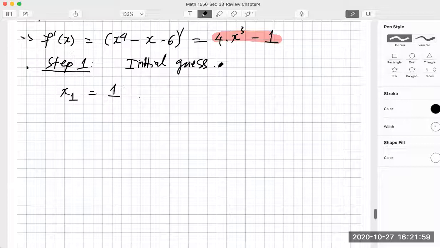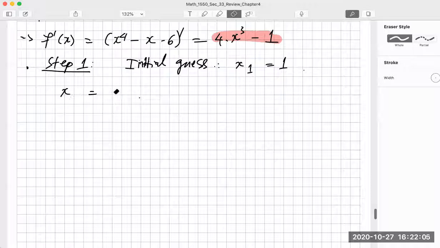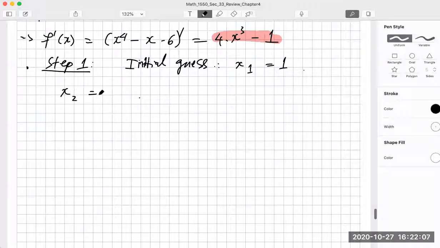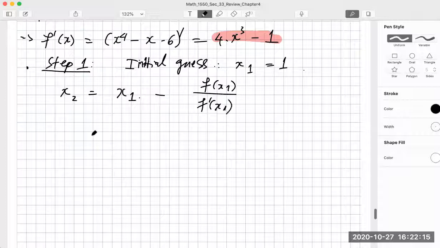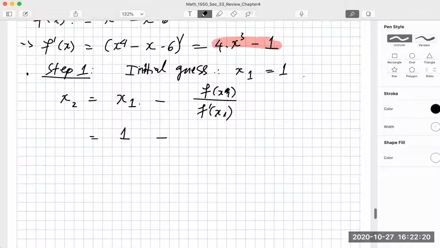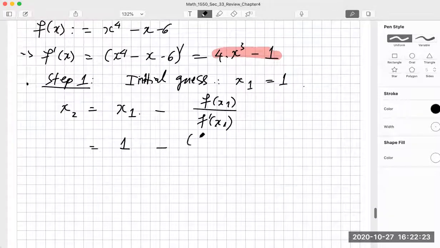Then the initial guess x1 is 1. Then from the Newton method formula, we can compute x2. It will be x1 minus f of x1 divided by f prime of x1. x1 here is 1, and f of x1 will be 1 to the fourth minus 1 minus 6, divided by 4 times 1 cubed minus 1.